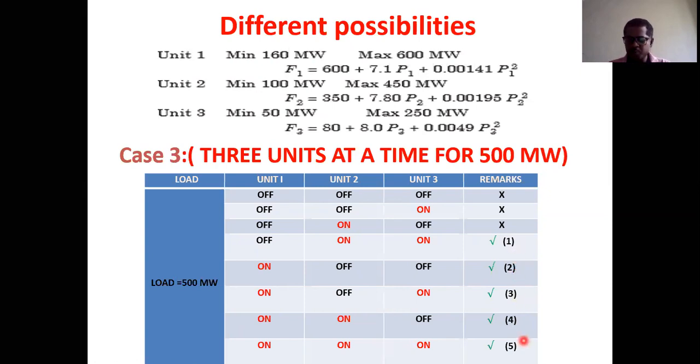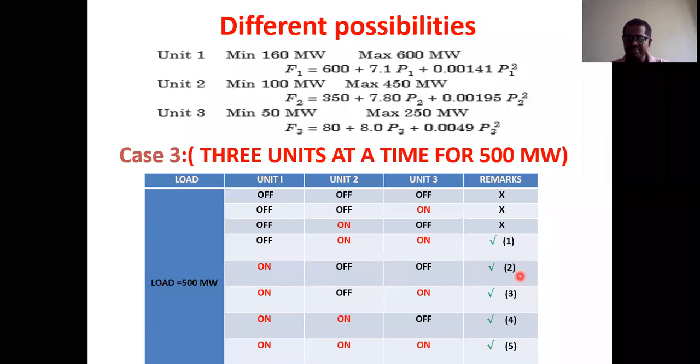Out of these 8 possible combinations, now tell me which combination we need to pick first. Whether I need to pick the first combination, or third, or fourth, or fifth. But the condition is that optimally we must meet the load.